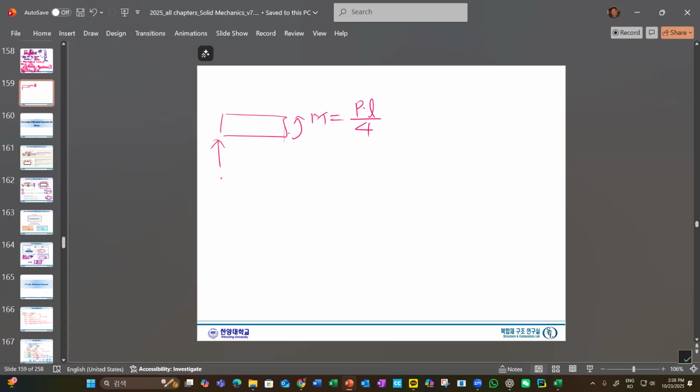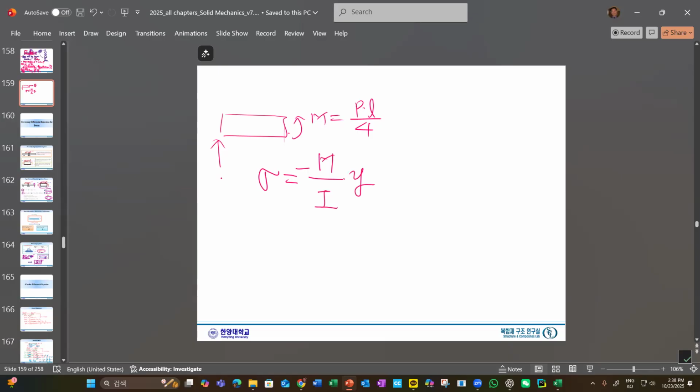Now, back to the subject we learned, how to calculate the bending stress: remember sigma equals M divided by I times y. We already know that.